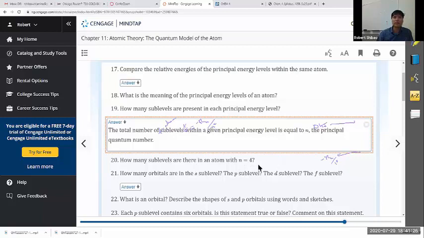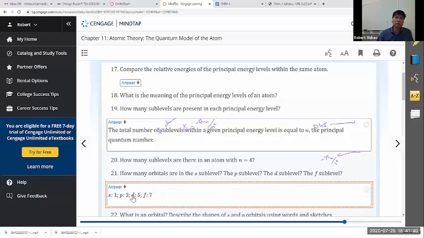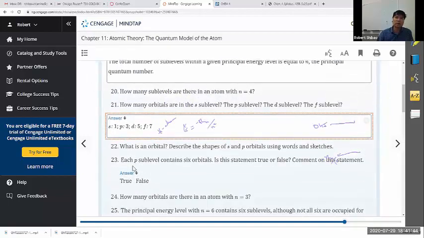S, P, D, and F. How many orbitals are there in the S sublevel? 1. P sublevel 3, D sublevel 5, F sublevel 7. These numbers you should know. You could also figure it out by the quantum number rules. 1, 3, 5, 7. Each P sublevel contains 6 orbitals. That's false. Each P sublevel contains 3 orbitals, but holds a total of 6 electrons.